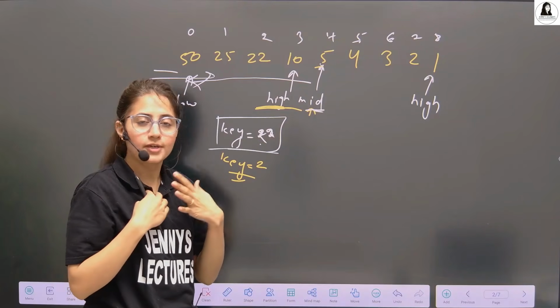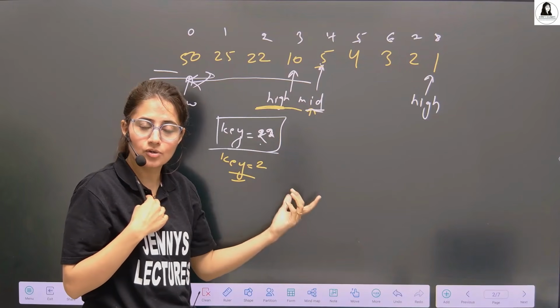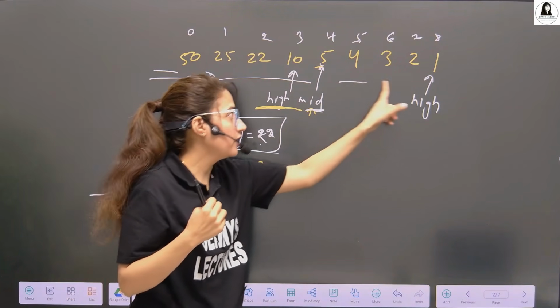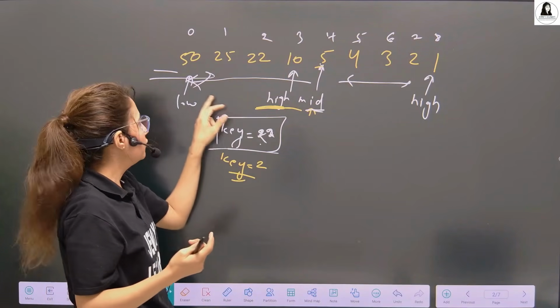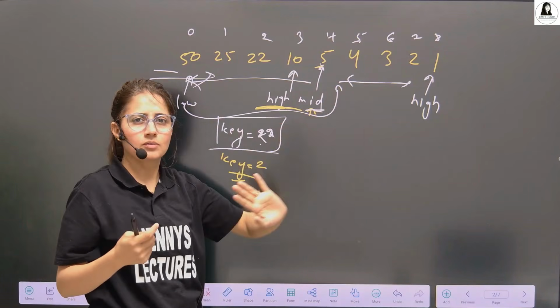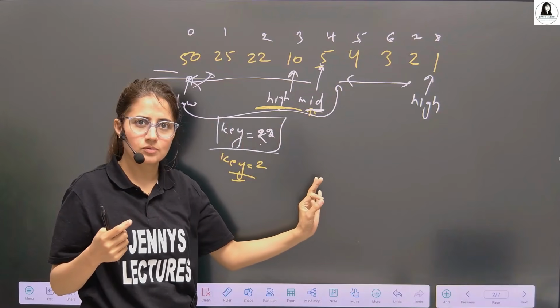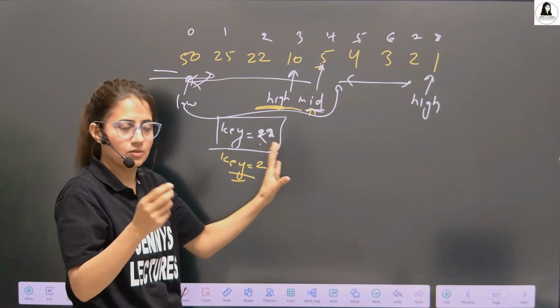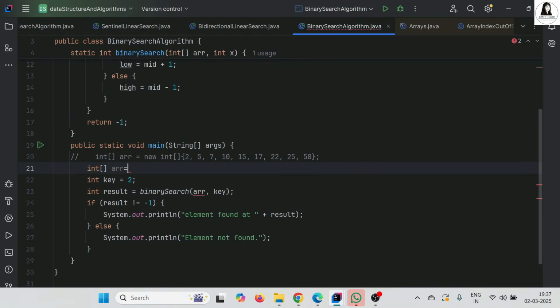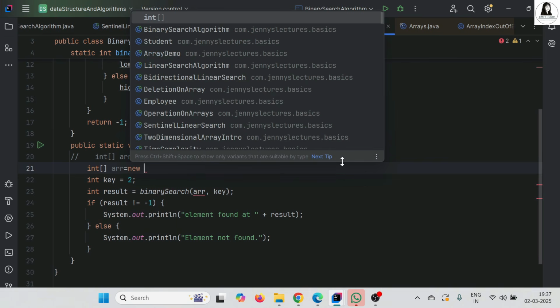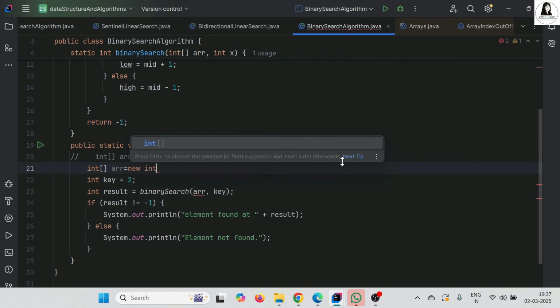We already know in advance that the array is in descending order, so we know that the data would lie in the right half only. In that case, we change low to mid plus 1. You have to change it a little bit. Right? Now let me show you this practically. So let's take a new array, and now the array is in descending order.